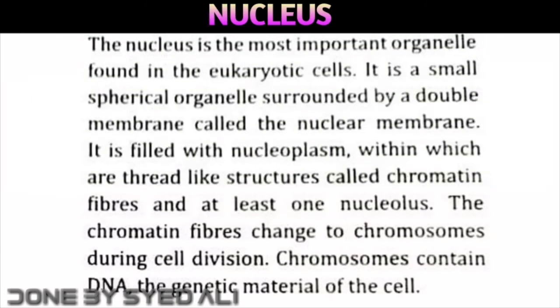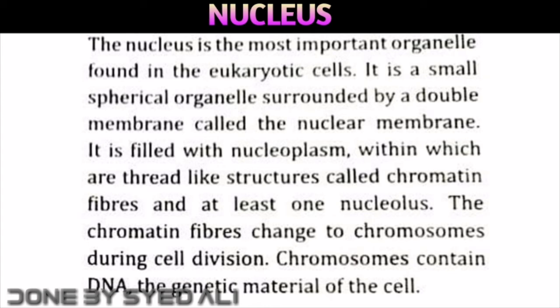Next, nucleus. The nucleus is the most important organelle found in eukaryotic cells. It is a small spherical organelle surrounded by a double membrane called the nuclear membrane. It is filled with the nucleoplasm, within which are thread-like structures called chromatin fibers, and at least one nucleolus.